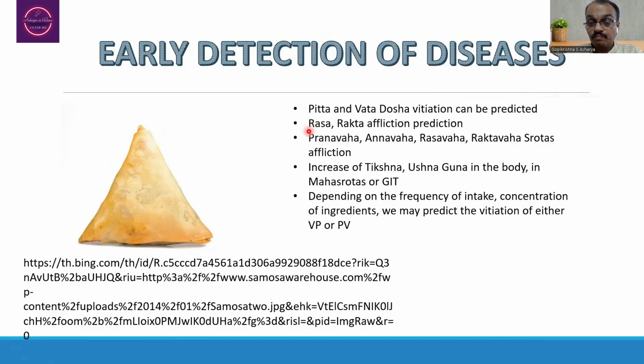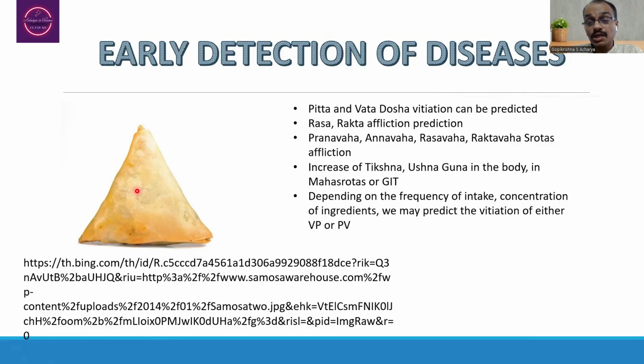As far as the Srotas are concerned, Pranavaha, Annavaha, Rasavaha, and Raktavaha Srotas affliction may be predicted. When you think about the contents of the samosa, Tikshna and Ushna Guna may get increased in the Mahasrotas, that is, the alimentary canal.